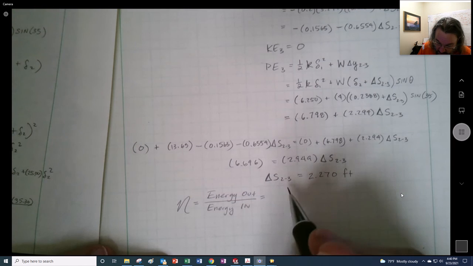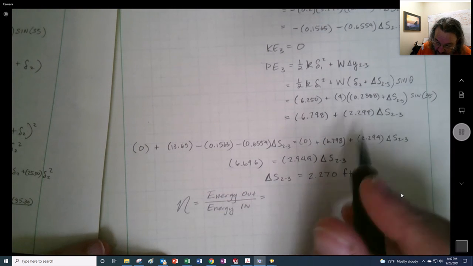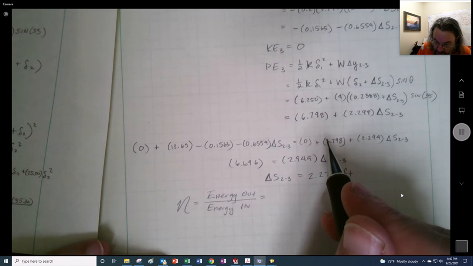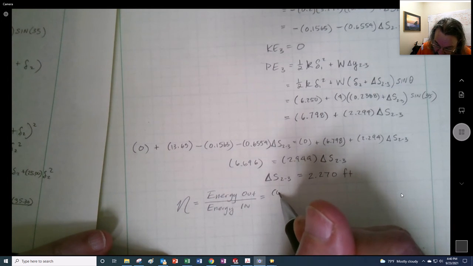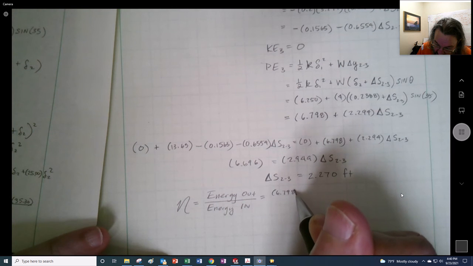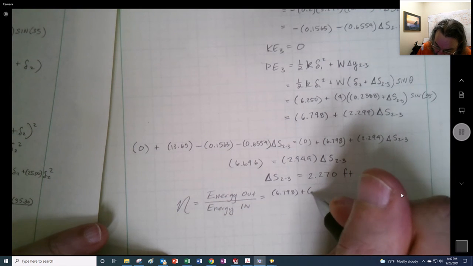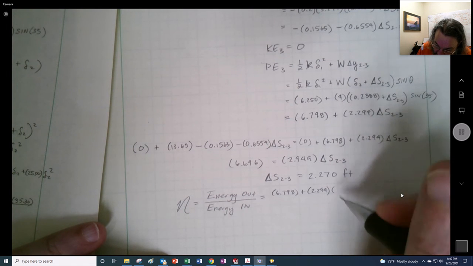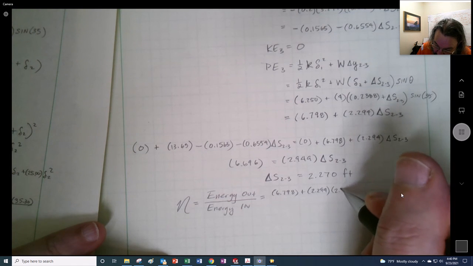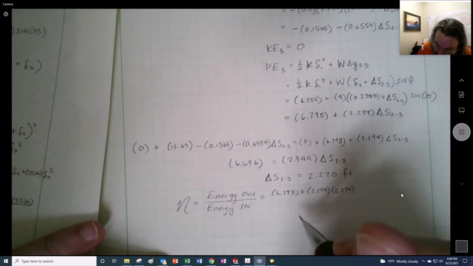All right, energy out is going to be the final energy divided by the initial energy. So we'll write that the energy out is going to be 6.798 plus 2.294 times our 2.270.